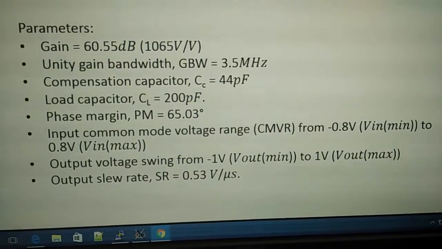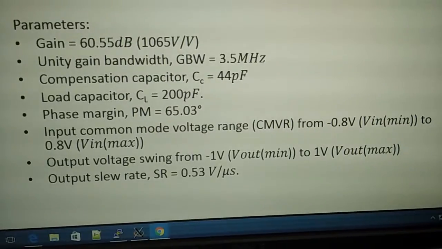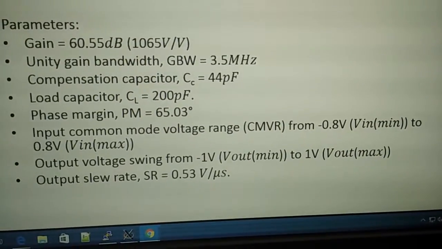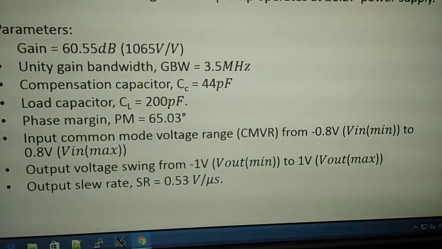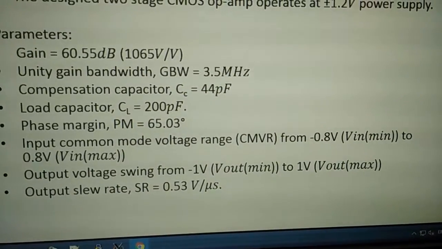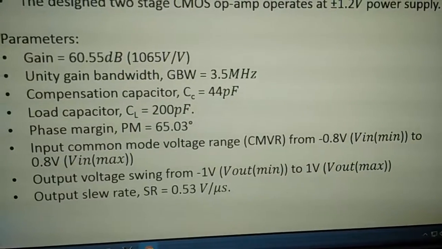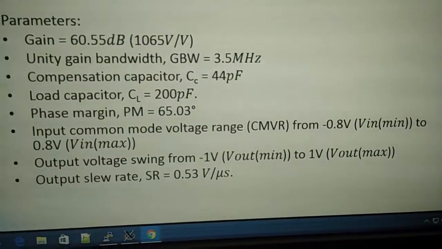The compensation capacitor that we use in the simulation is 44 picofarad, and the load capacitor that we use is 200 picofarad. The phase margin obtained from the simulation is 65.03 degrees.